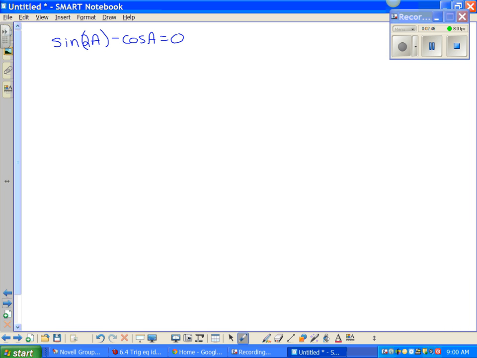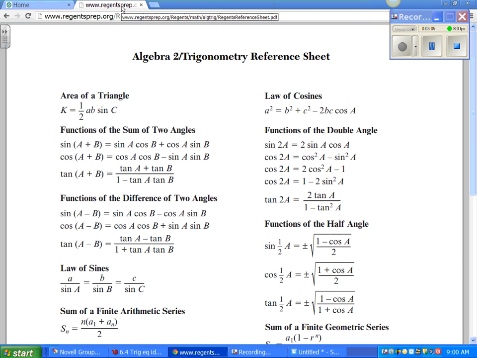What's popping out at you? Yeah, sine of 2a. What do we know about sine of 2a? Where have we seen that before? Good, it's on our reference sheet. It's one of our double angle identities.